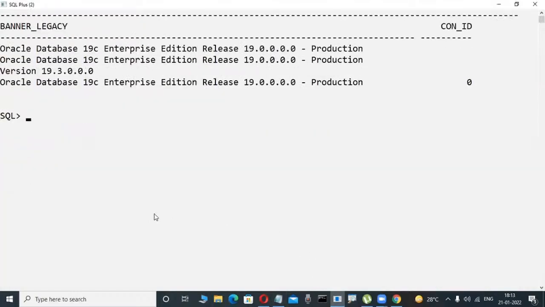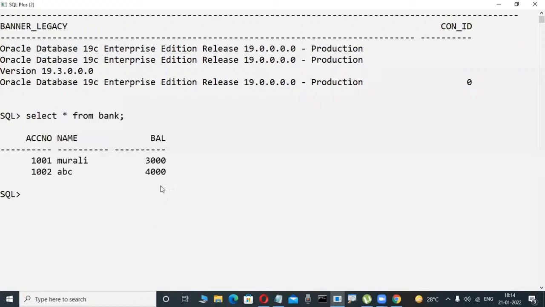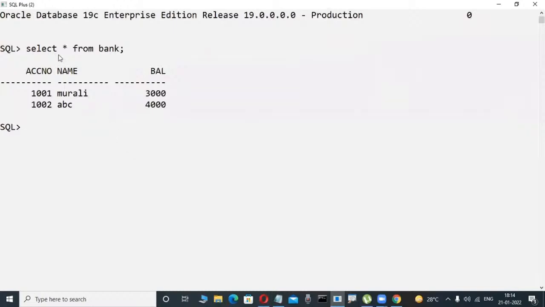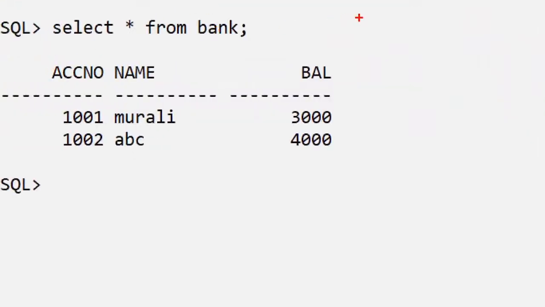Suppose in this database, bank is a table, for example. Concentrate here. Just observe the scenario, a very easy way to understand. This bank is a table, and in table format we store the data.